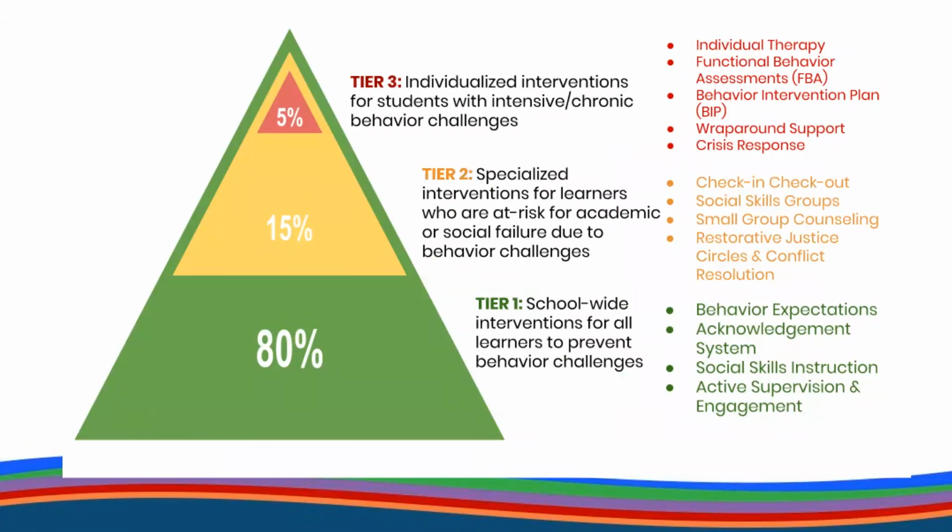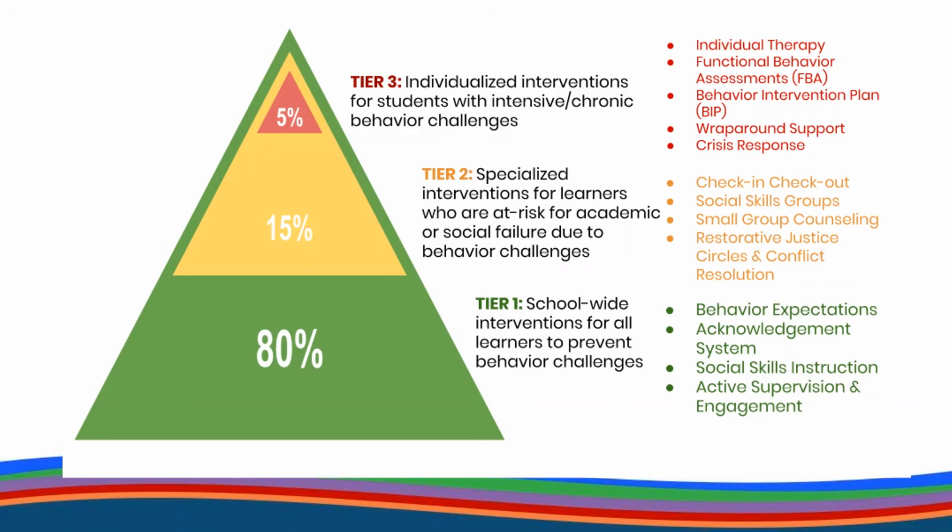Looking more closely at tiered supports for behavioral instruction and zooming in on that portion of our model, we can see these tiers provide increasing levels of supports, beginning with school-wide interventions for all learners to prevent behavior challenges. These supports and interventions are likely provided through some combination of school-wide initiatives and whole class strategies for all students in a given classroom.